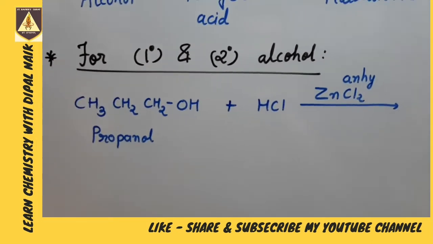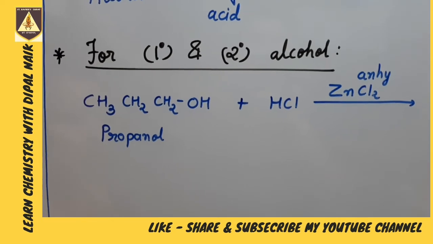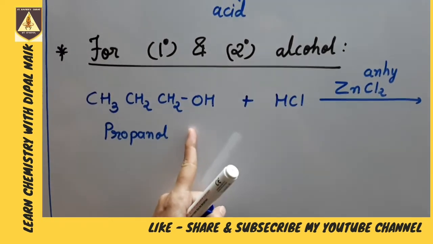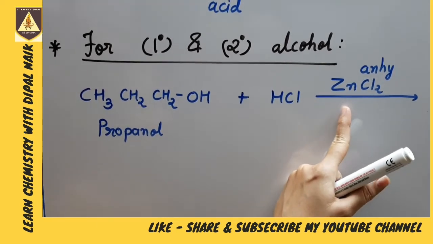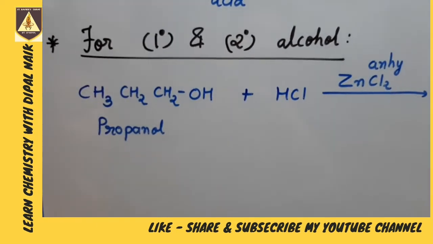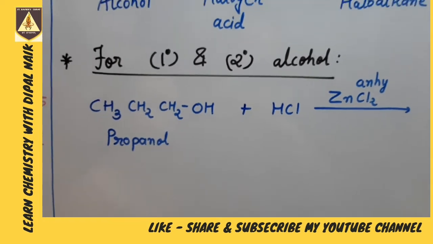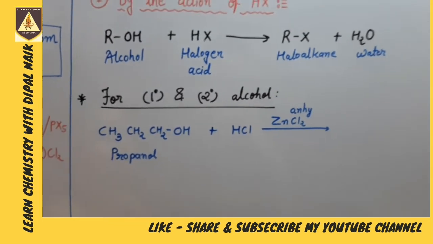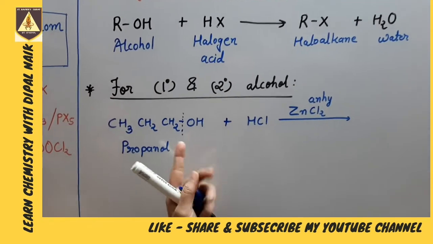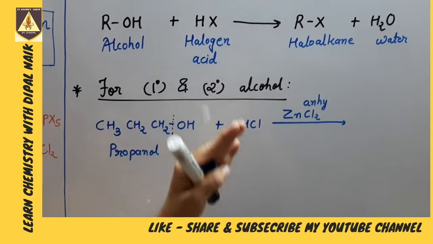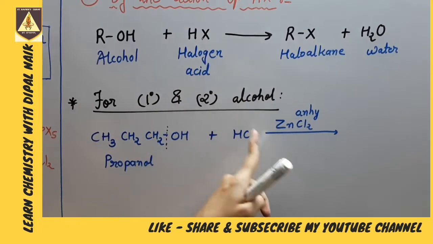Why is anhydrous ZnCl2 used here? Here alcohol is present. If water is present with ZnCl2, the rate of reaction becomes slower. Anhydrous ZnCl2 helps to break this C-O bond, and this OH will be replaced easily with X of halogen acid.